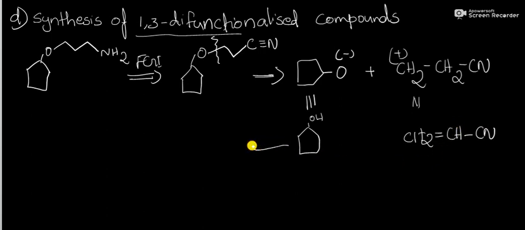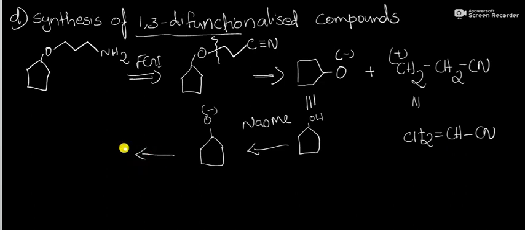Then what will be the total synthesis of the target molecule? In the presence of a base like sodium methoxide, this alcohol gets deprotonated and we get phenoxide ion, which adds to this alkene, that is a Michael addition.